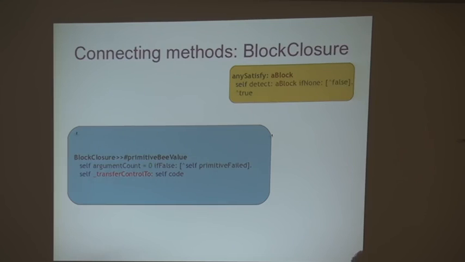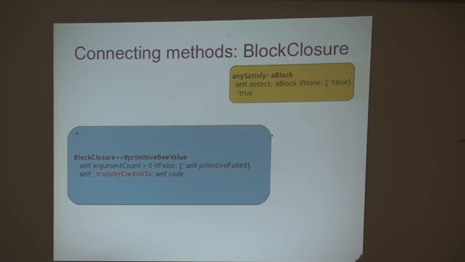Now going back to the block closure, the value primitive is relatively simple, because you only have to look for the compiled method for the block native code and execute it. There's not much.